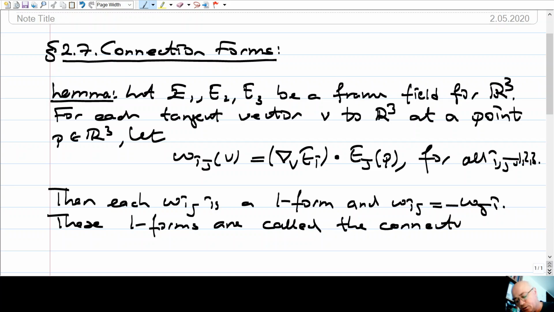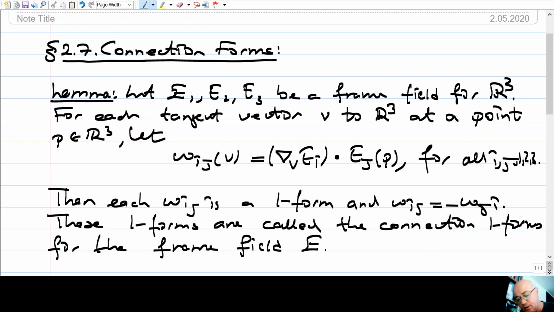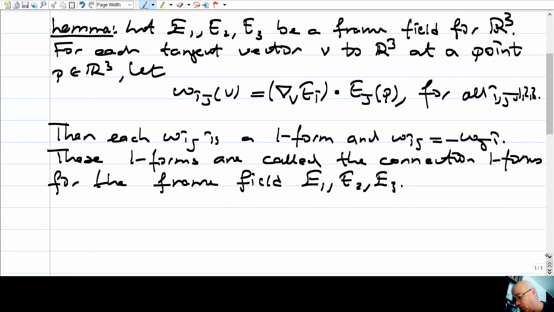The connection one forms for the frame field E1, E2, E3. Okay, now let's see the proof.